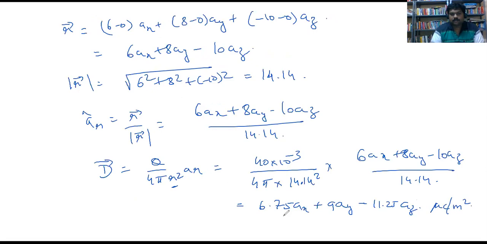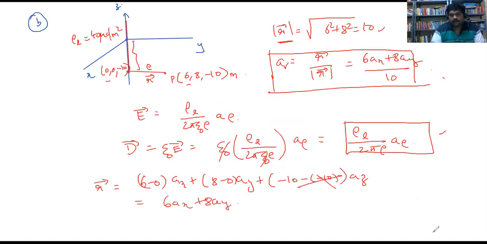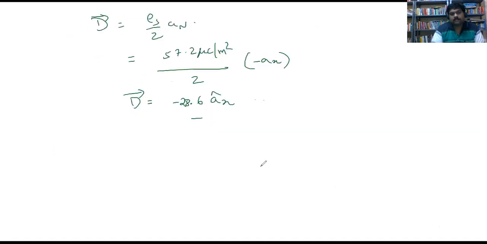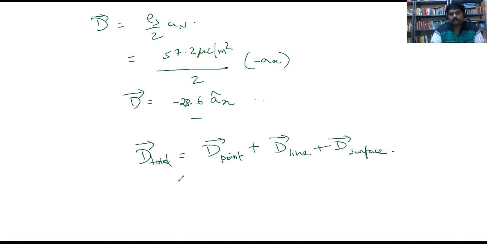The flux density due to the first sub question gets added to this, and this again gets added to this. So all three can be added. So the total flux, if all three are present, is the sum due to the point charge, the line charge, and the surface charge. Okay, this I will keep as homework and you can do it on your own.